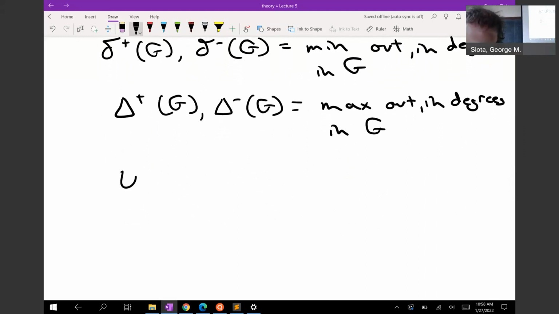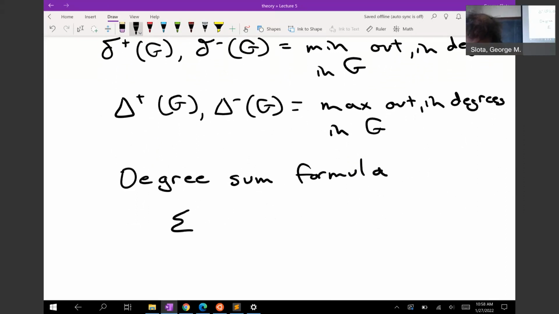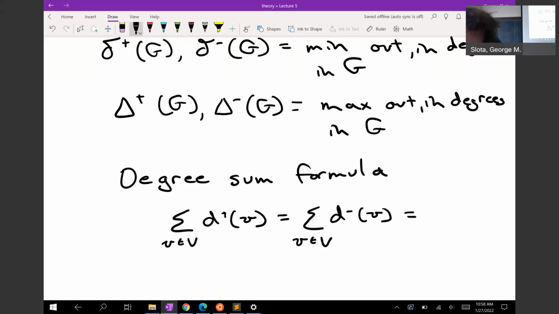And our degree sum formula. It's a slight difference here. So the sum of the out degrees is equal to the sum of the in degrees, which is just equal to m.